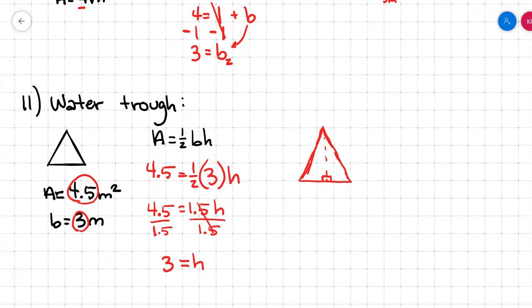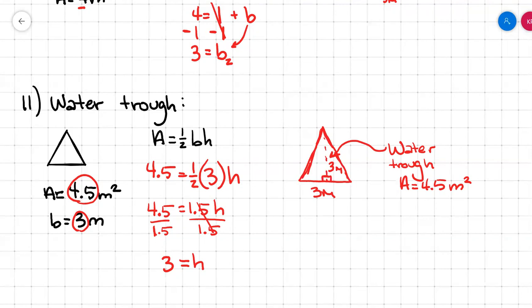Okay, that's our watering trough. So we're going to go height is 3 meters and the base is 3 meters. And this lovely shape here is our water trough. Water trough, which the area of this water trough is 4.5 meters squared.